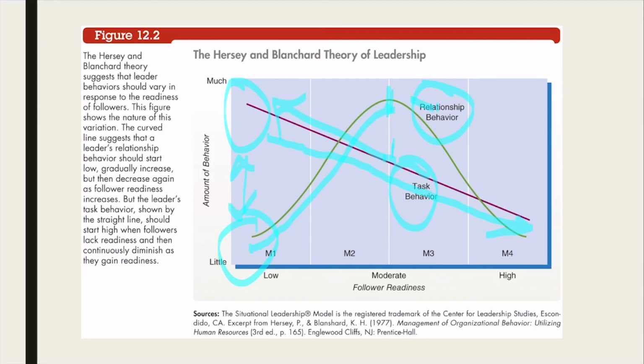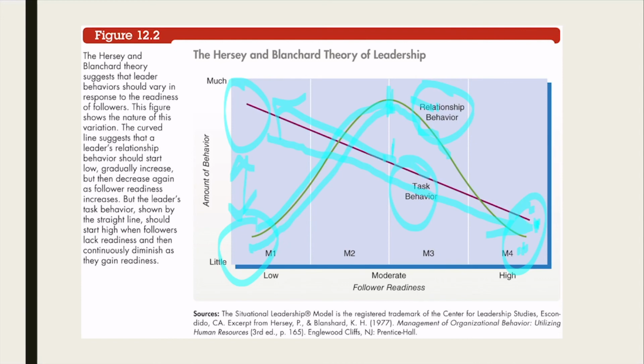As you see, as the person grows in ability and motivation, you're not going to be focusing so much on the task as you are the relationship and building them up and their motivation. And then here at the end, you have a low amount of relationship and you have a low amount of task orientation or task behavior.